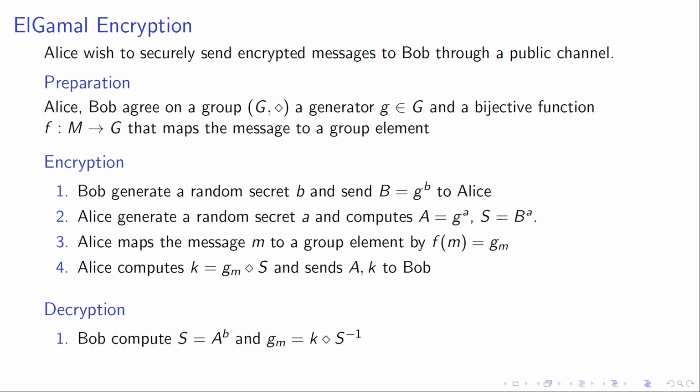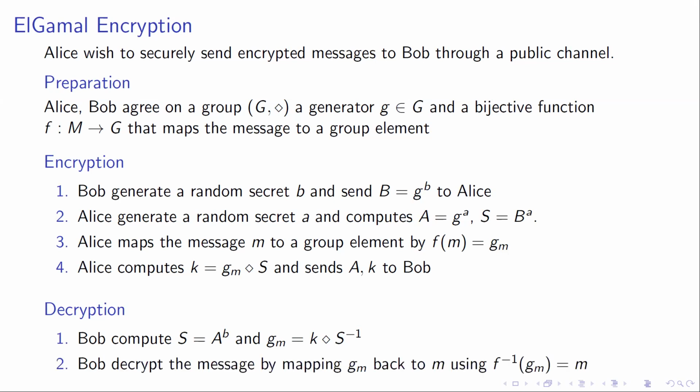For decryption, Bob will compute S, which is A to the power of b, and gm, which is K diamond inverse of S. Then Bob will decrypt the message by mapping gm back to m using the inverse function.